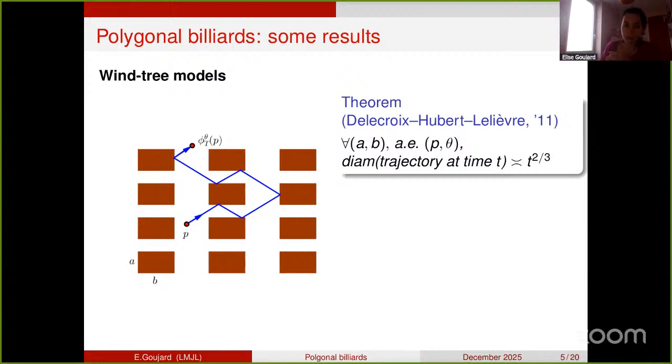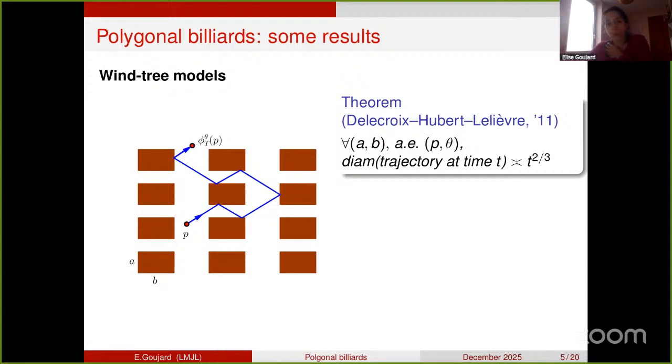Basically, you look at the diameter of the trajectory at time t. So it's inside a ball of radius something. And you look at how this diameter grows as t grows. And in this case, it goes as t to some power, which is called the diffusion rate, which is 2/3 here.